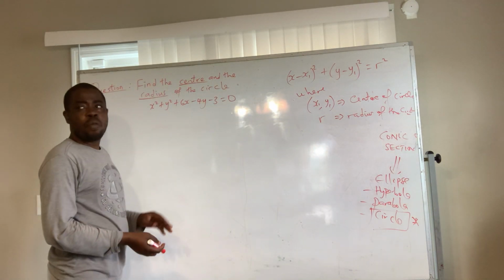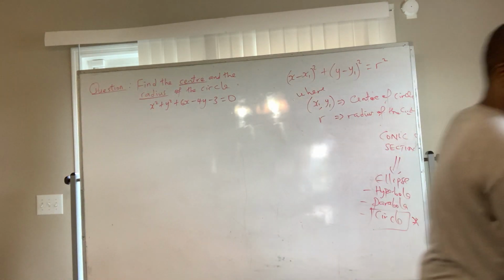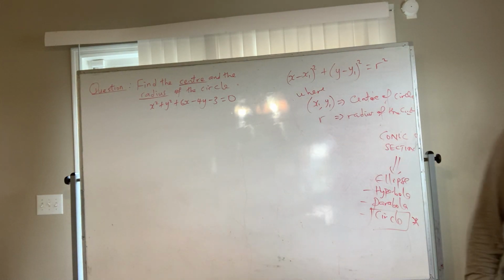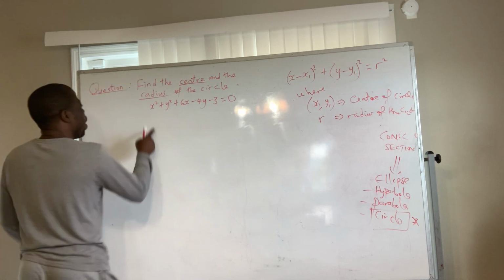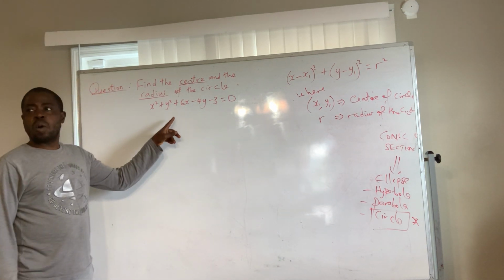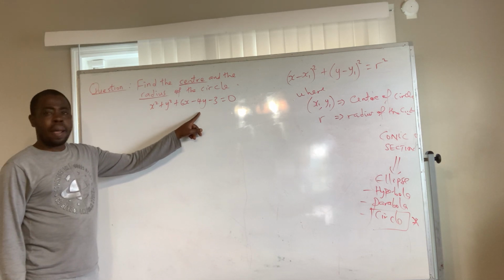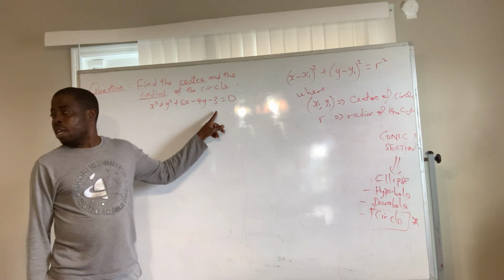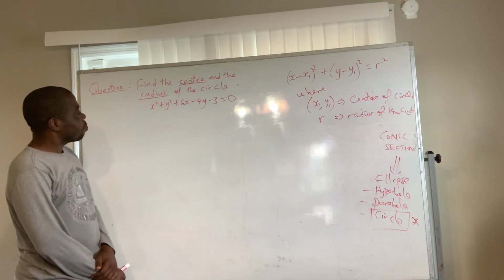Now we have x squared plus y squared plus 6x minus 4y minus 3 equals 0. You see that?